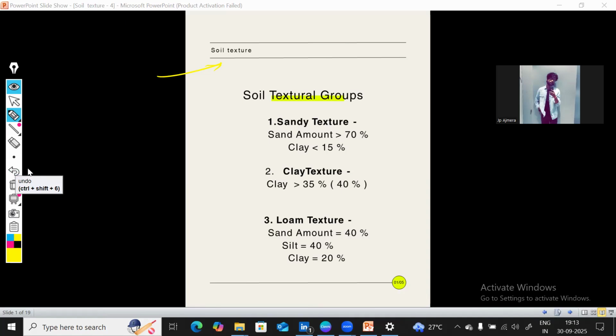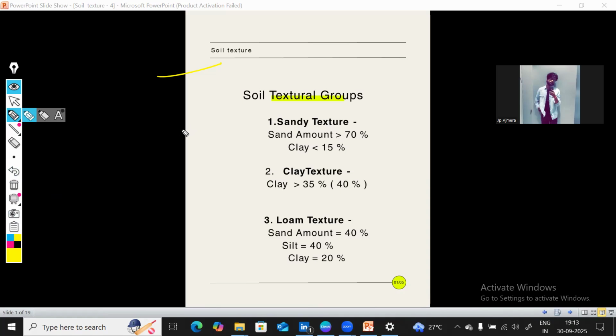Right, let's come to the soil texture again. There are four textural groups in the soil. A textural group is defined by percentage differences.